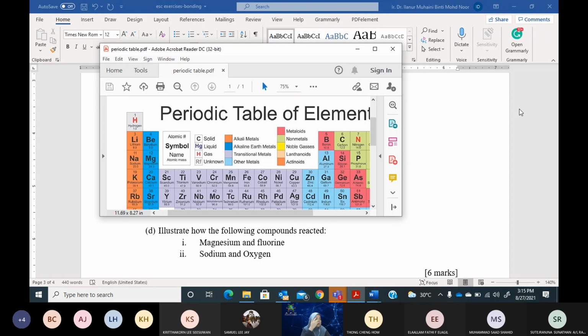Okay, so this magnesium is 12. When you want to draw in the shells, you need to separate into the maximum in each shell. So Mg equals 12 equals 2,8,2.